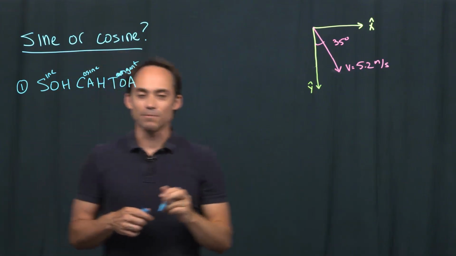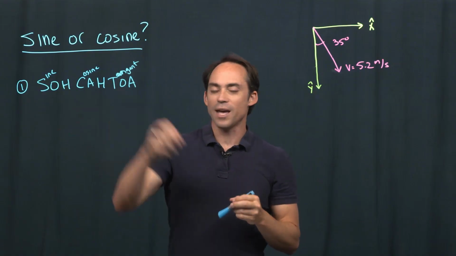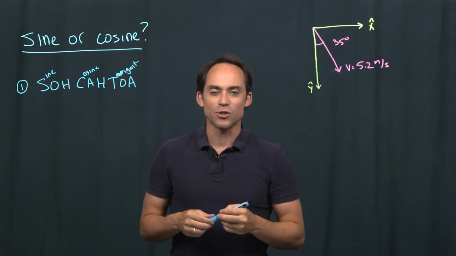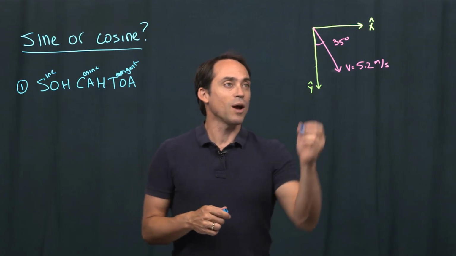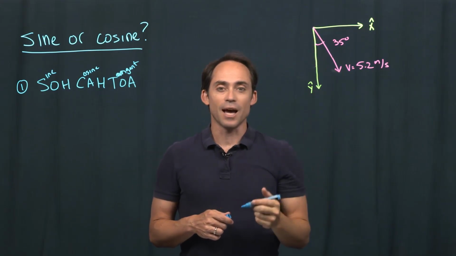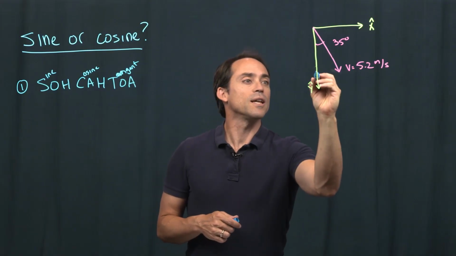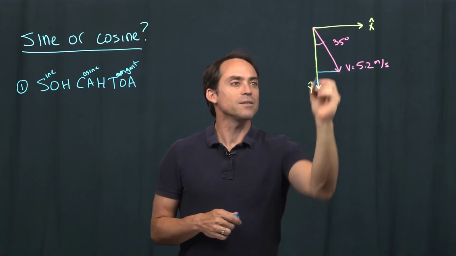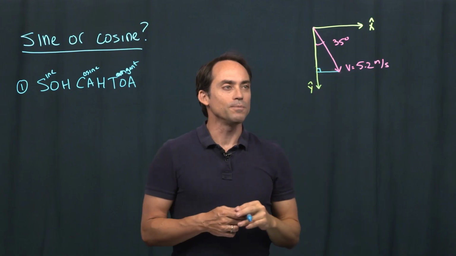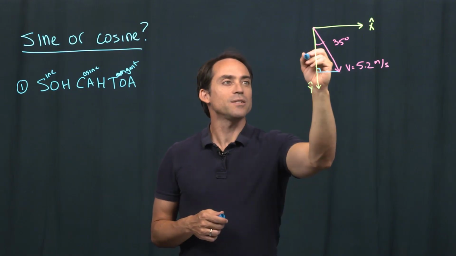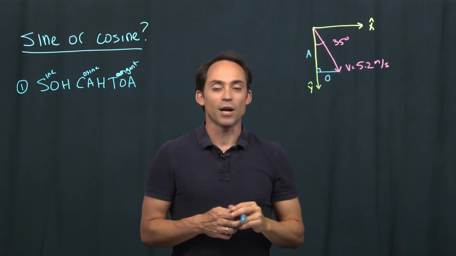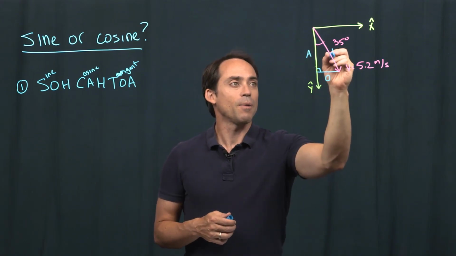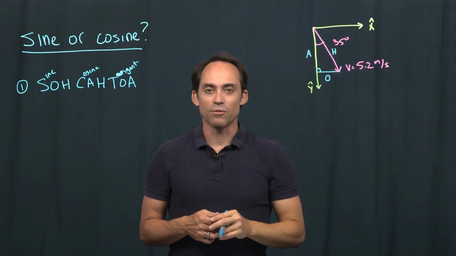And the O, A, and H correspond to the opposite, adjacent, and hypotenuse sides. So in this case, what we're doing is drawing a triangle where the vector is the hypotenuse of our triangle. So if we connect that with our y-axis, and this is a right triangle, then we can see that the adjacent side is here on the y-axis, the opposite side is parallel to the x-axis, and the hypotenuse is again lined up with the vector.